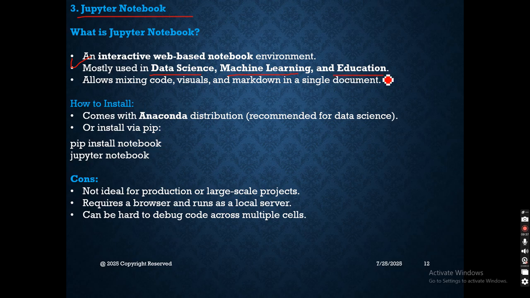Those who are in the education line, whether a professor or a trainer, mostly prefer Jupyter because it gives lots of flexibility. What does flexibility mean? It allows mixing of code, visuals, and markdown in a single document. So you can do any visualization here.